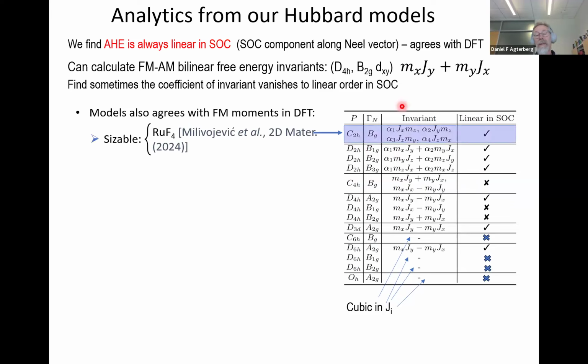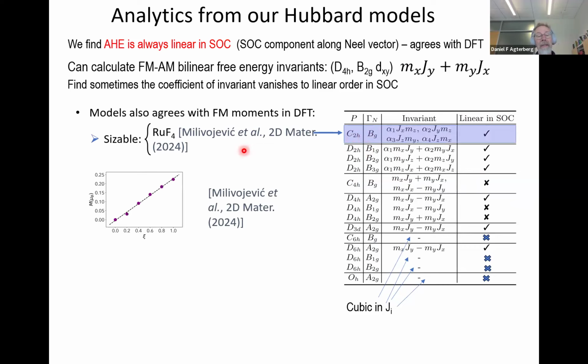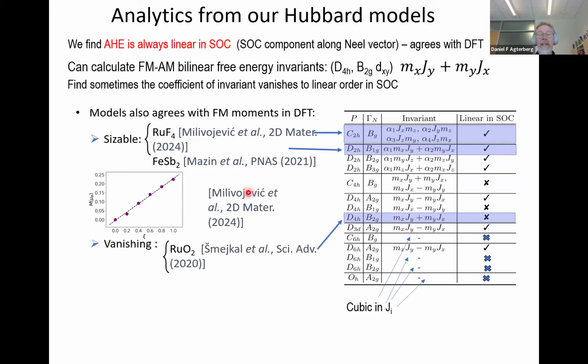In particular, if we look at some examples like this C2H point group with some d-wave altermagnet, then in this DFT paper, they calculate the spin moment versus the size of the spin orbit, and they find it varies linearly and it's very large, something on the order of 0.2 Bohr magnetons. And we can also look at other examples. We can look at FeSb2, studied by Igor Mazin and co-workers, and there they find that the spin magnetization is vanishing, but the anomalous Hall effect is large.